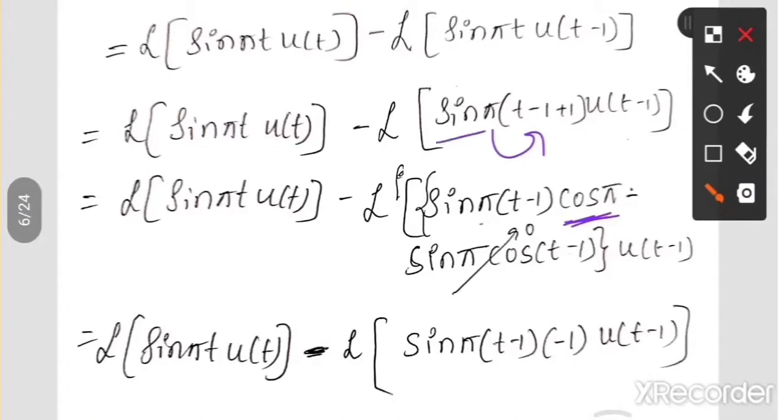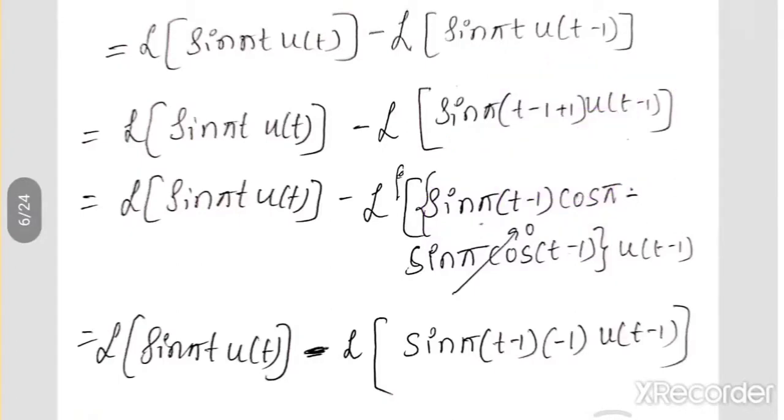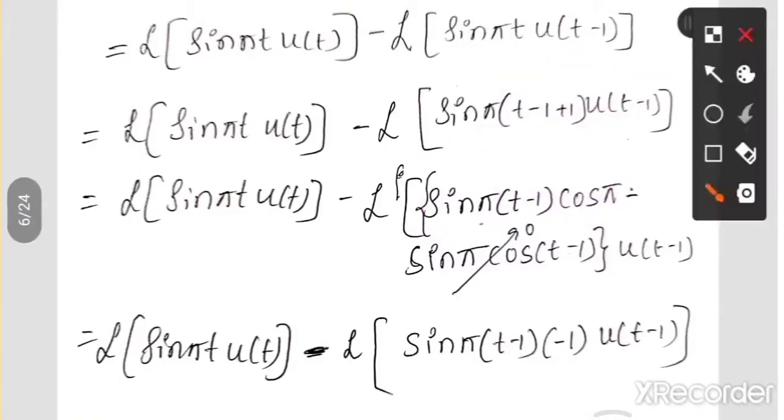Okay, here also it is sin a means sine of pi into a. Okay, this is a plus b, so it is pi a plus pi b. A is t minus 1, so it is pi of t minus 1 is your a. Okay, b is b equal to pi. Okay, that you have to substitute.